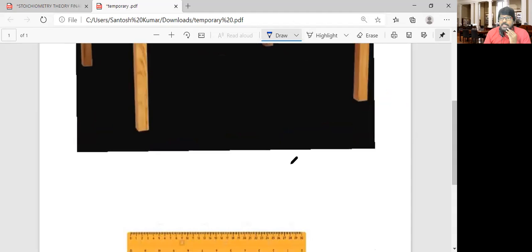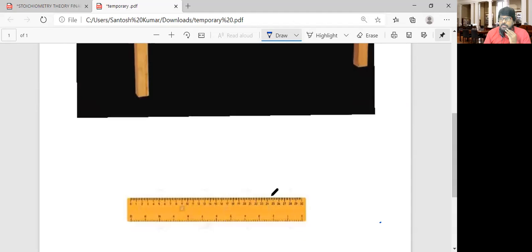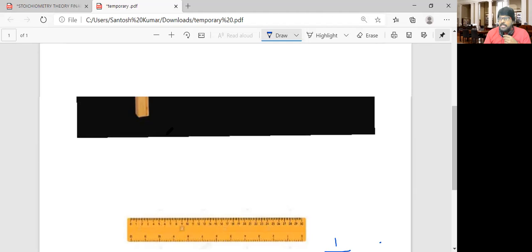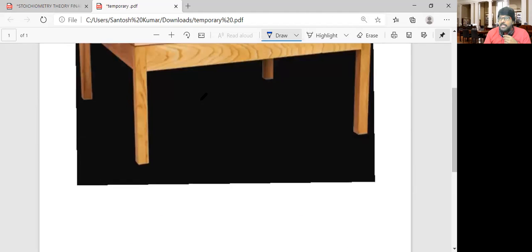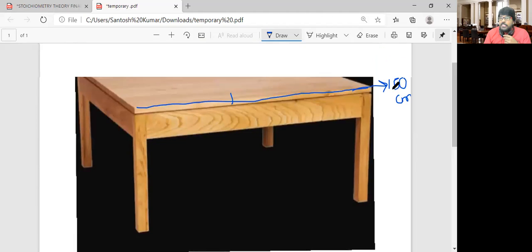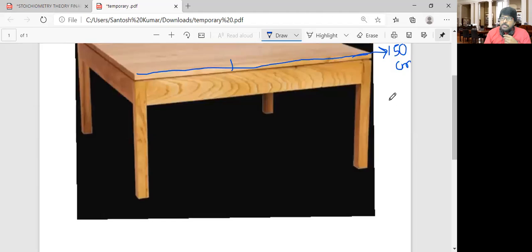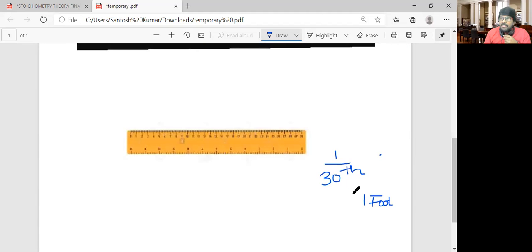And what is the length of this scale? 30 centimeters. And what is the meaning of 1 centimeter? 1 by 30th part of this scale, the standard scale. So this table is 150 times longer when compared to 1 by 30th part of this scale.